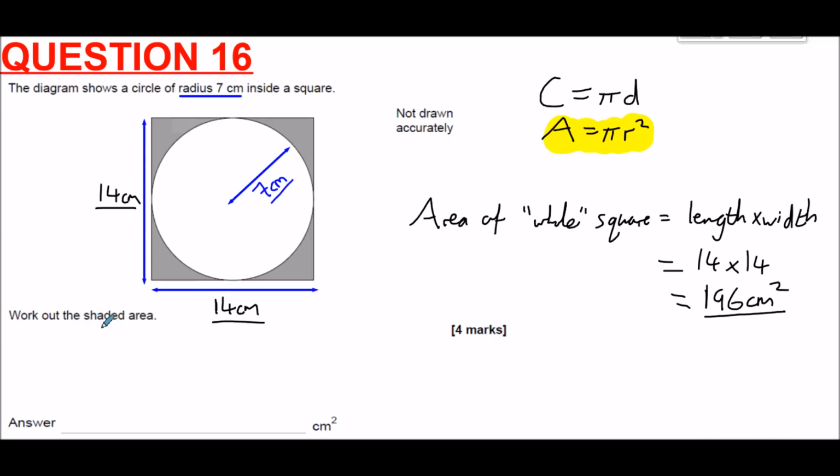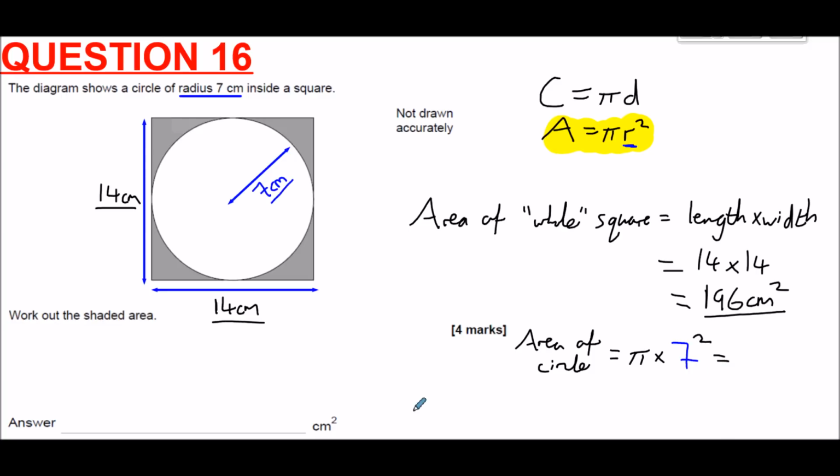But we just want the shaded area, which is the whole square with this circle taken out. So the circle looks like it's been cut out and is missing. So what we need to do next is work out the area of the circle. That's going to be pi multiplied by the radius, which is 7 squared.